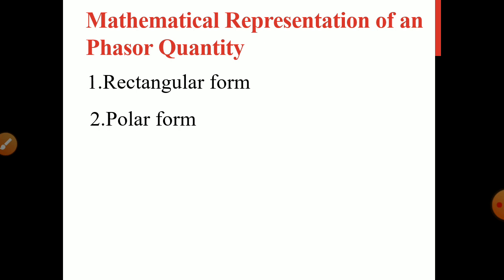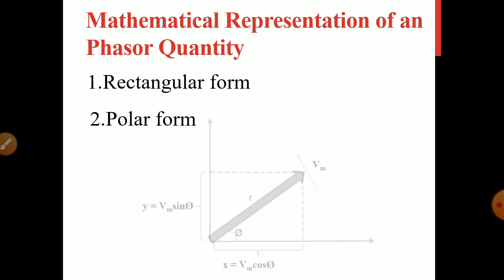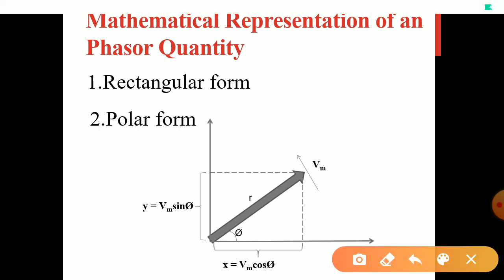So instantaneous voltage v of t could be represented as Vm sin(omega t plus phi). Now see here both formats are being used. This is our Vm. Now this in polar format we note down as r angle phi.